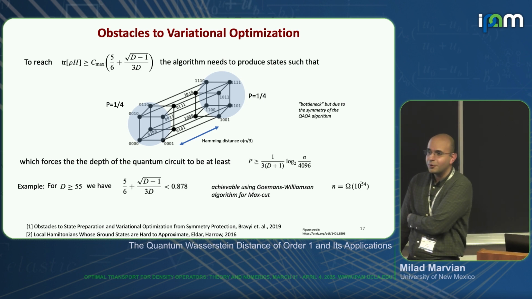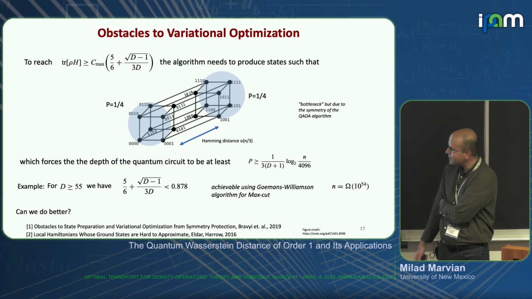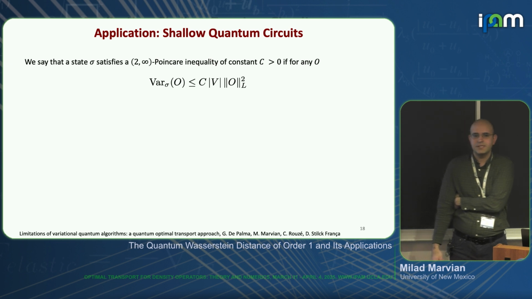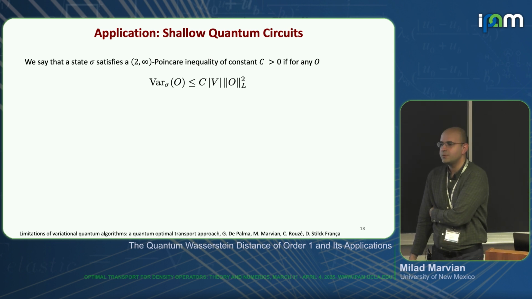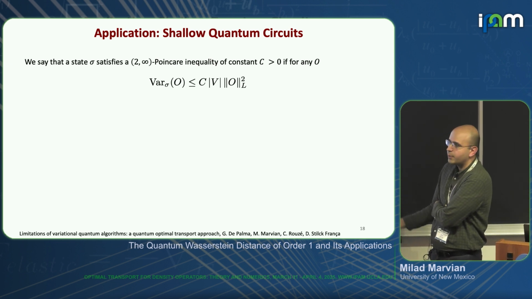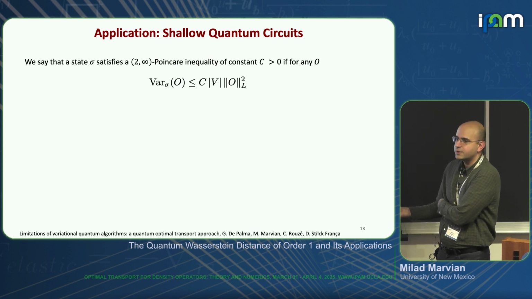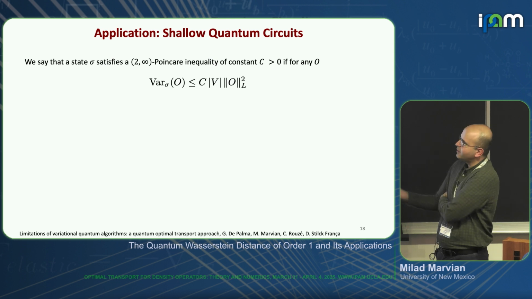Now, as I promised, I'm going to go back to our W distance. And what we do, we say that we can actually do something related to what we were doing about the Lipschitzness. We can think about proving some Poincare inequality. First let me define it.